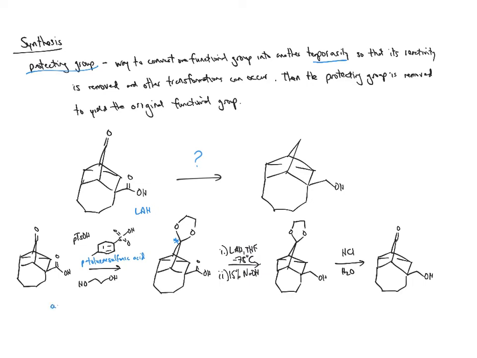So, just to review, the requirements for acetal formation are a ketone or aldehyde, two alcohols or a single diol, a diol, of course, has two alcohols incorporated, and then some acid source.